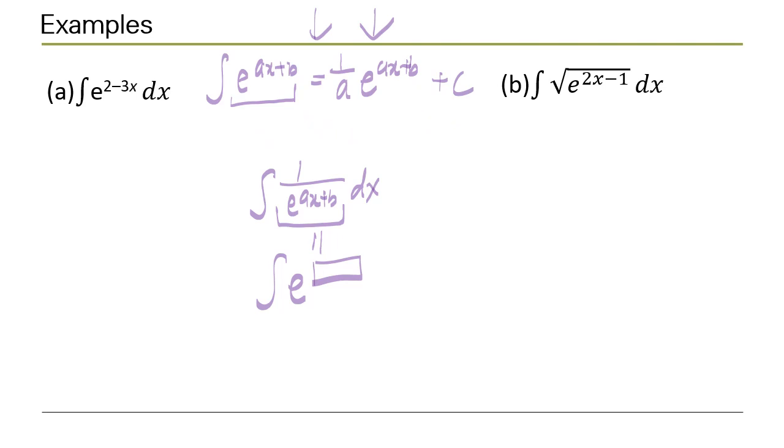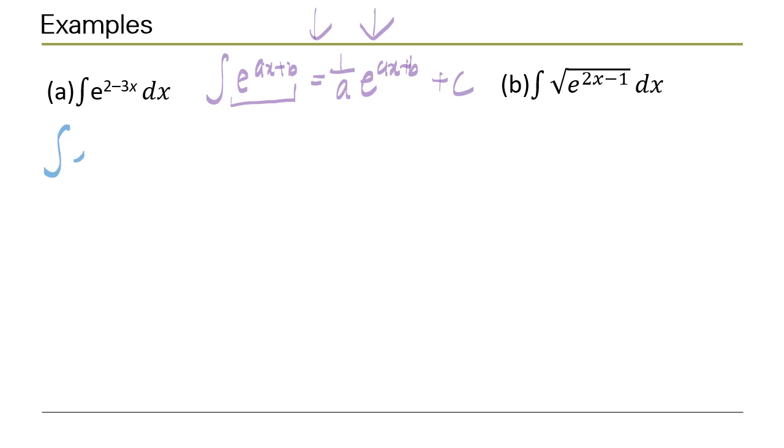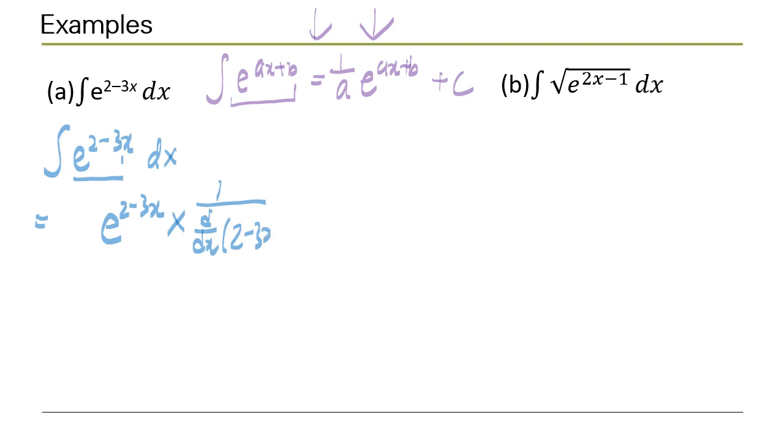So let's check if what you're given in part A fits the rule. Yes, this is e to the power of something, so we can apply the rule. To apply the rule, the first step is to just write down what you're given, then times 1 over the differentiation of 2 minus 3x.